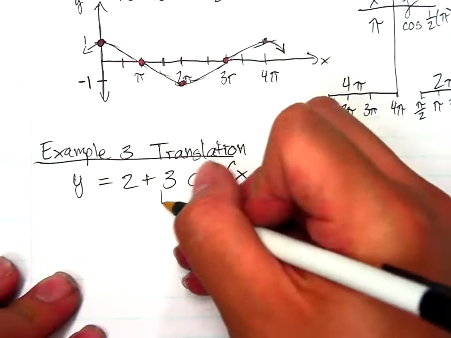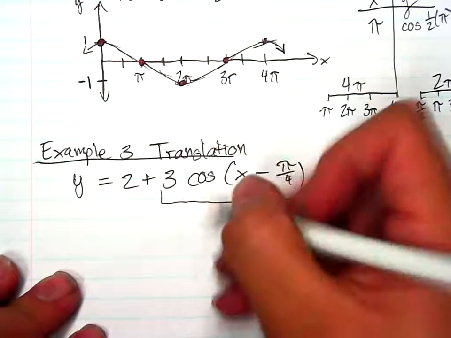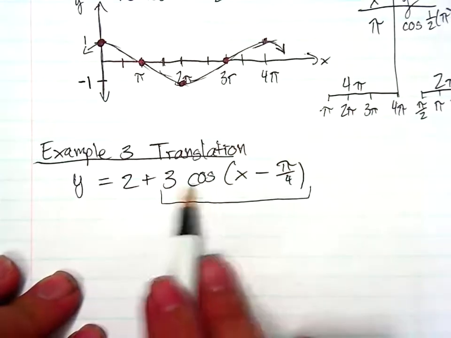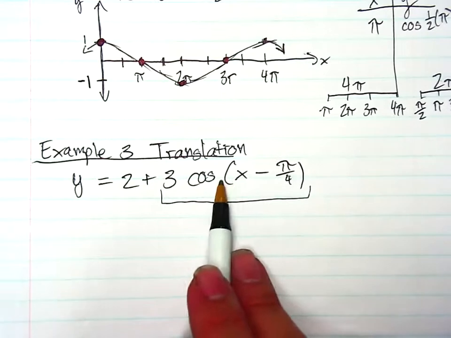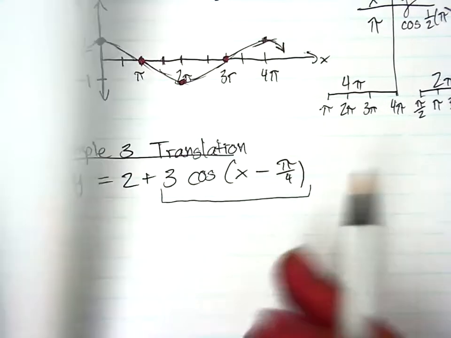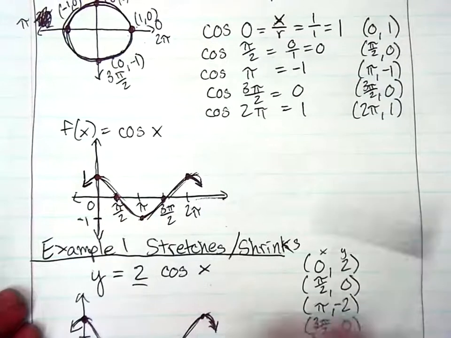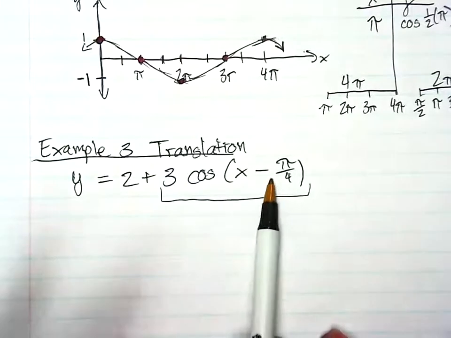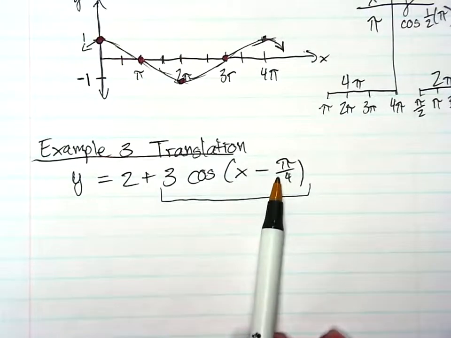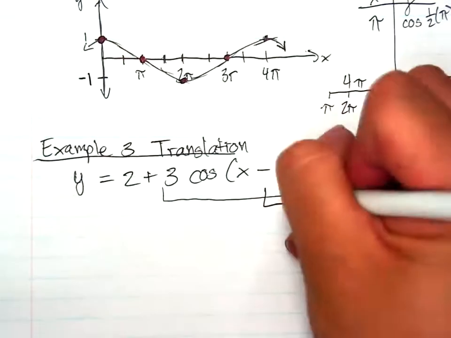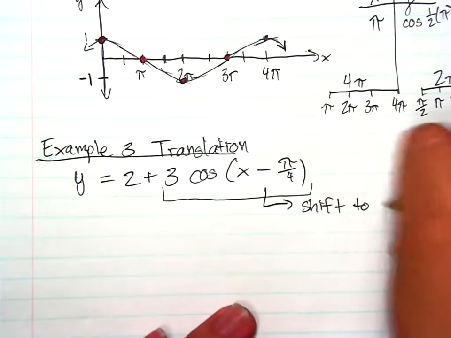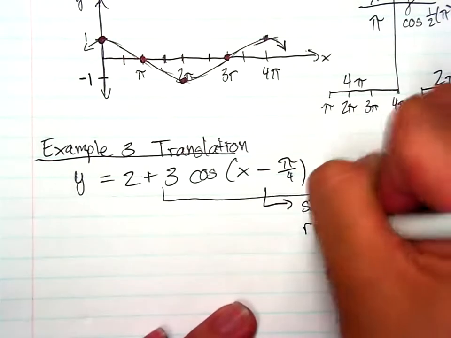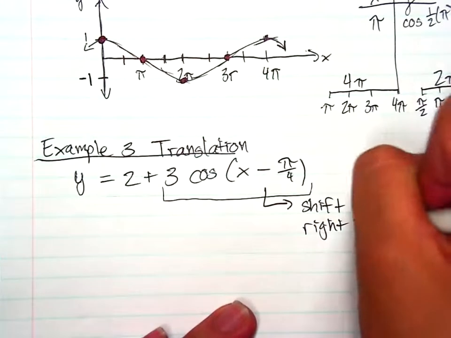All right? So I'm going to go ahead and break this apart, and I'm going to look at this component first. So 3 cosine x minus pi over 4. I know the parent function of cosine x is this lovely curve. But what this negative pi over 4 tells me to do is actually shift to the right by pi over 4.